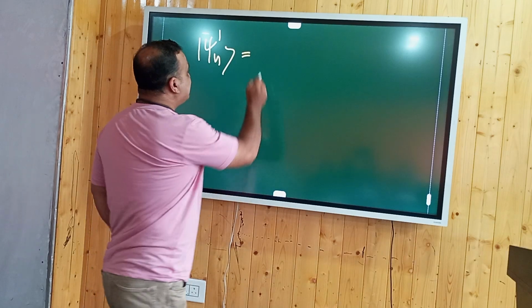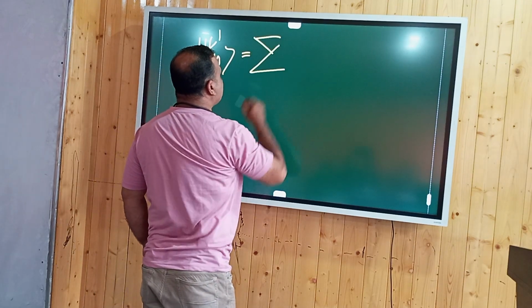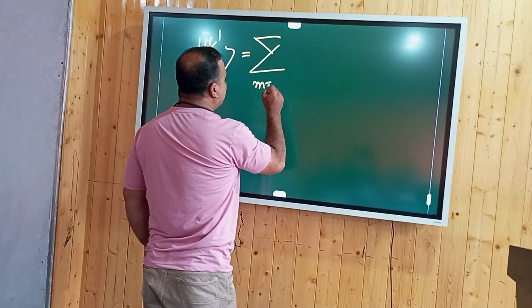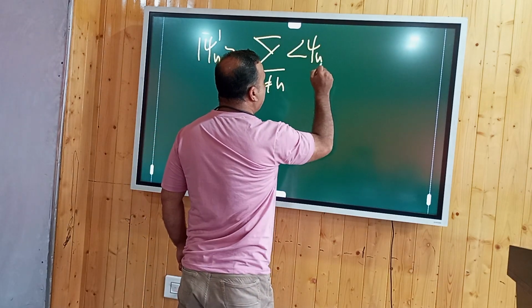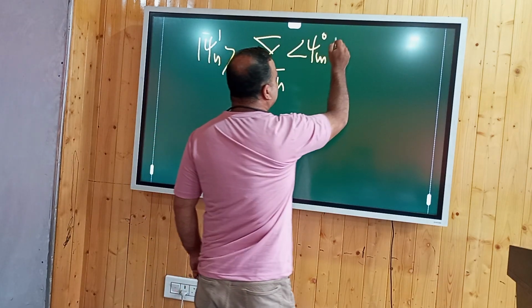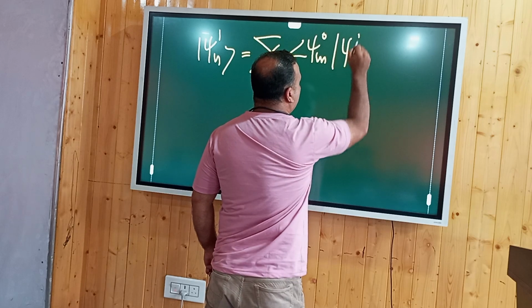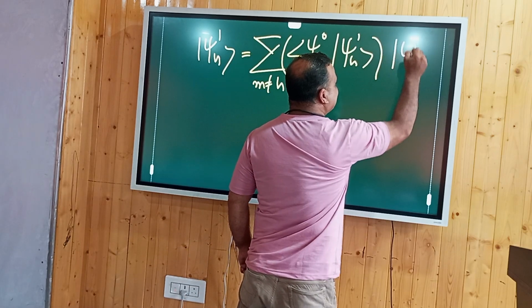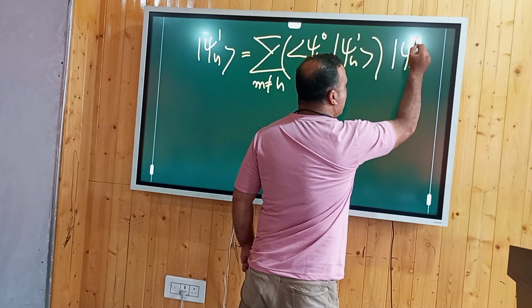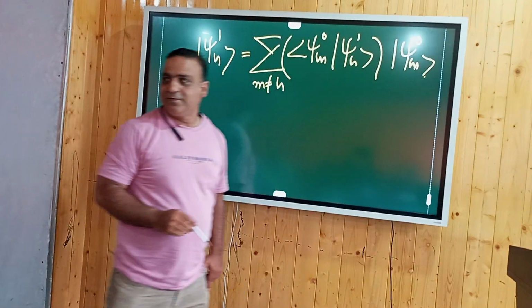It will be sigma, m not equal to n, psi m naught, psi n1, and psi m naught. Is this clear?